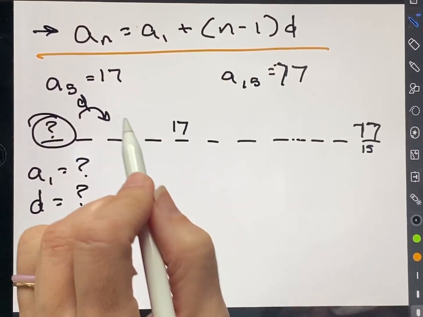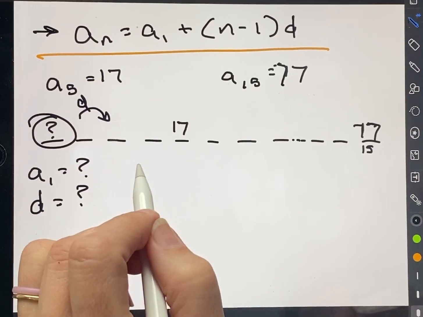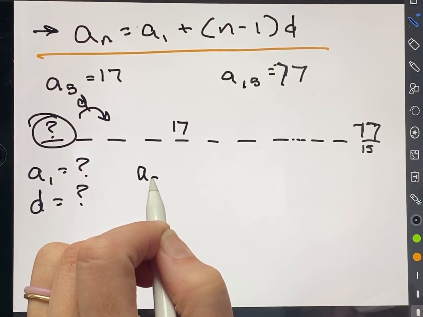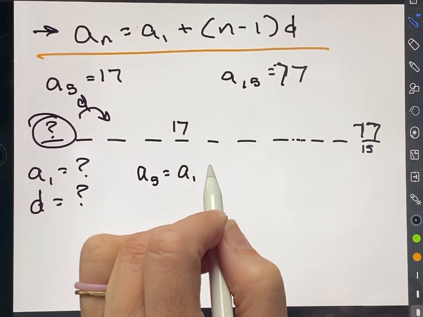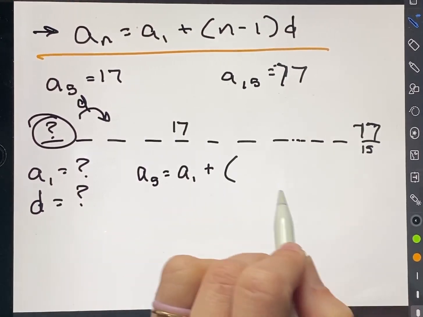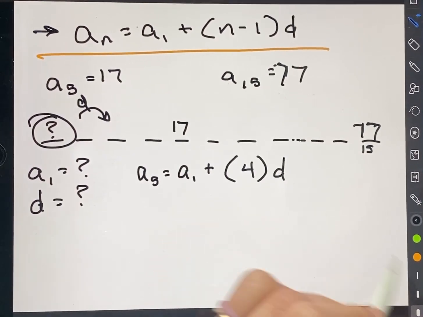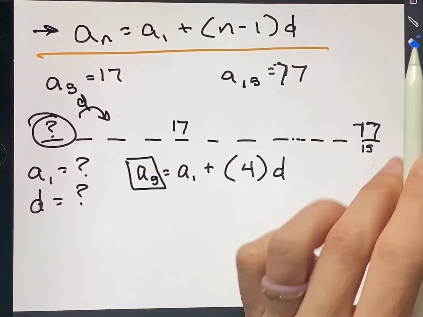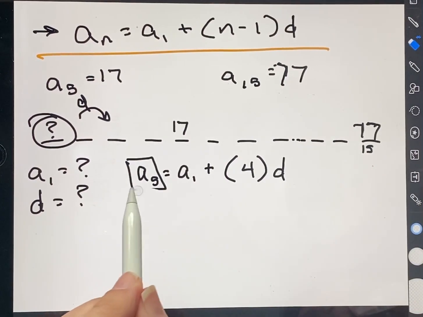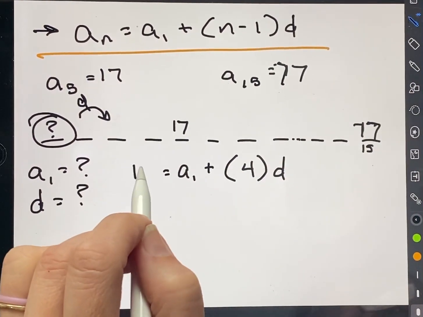So initially for A sub 5, we have A sub 5 is equal to this A sub 1, which we don't know, plus we know that we would be jumping 4 times, and we don't know how many times we're jumping by. However, we do know that this value of A sub 5, they have given it to us, and they have said that this value is 17.